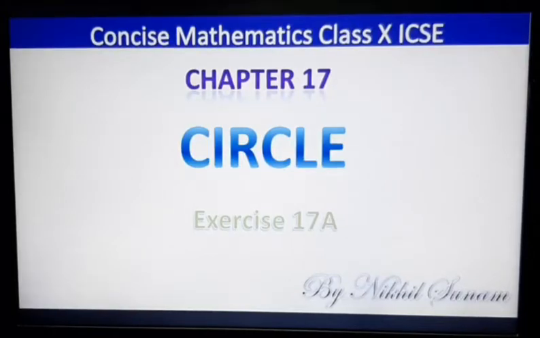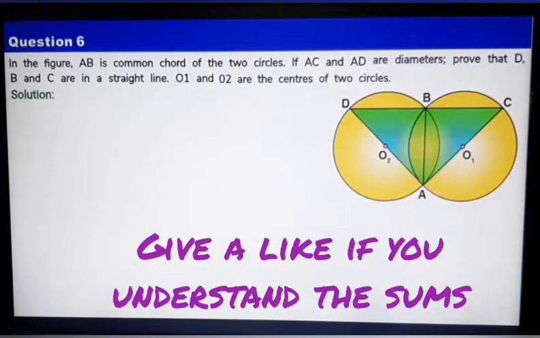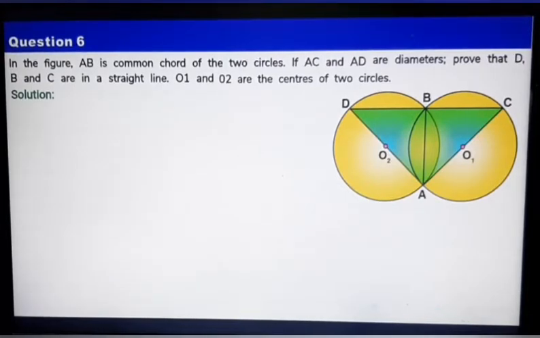So today we'll see our next set of problems, that is the problems from question number 6 onwards for exercise 17a. The first question of the day, question number 6, says, in the figure, AB is the common chord of two circles. One circle has center O2 and the other has center O1.